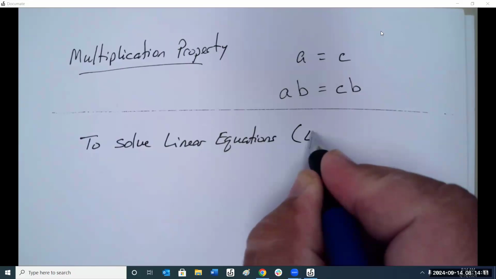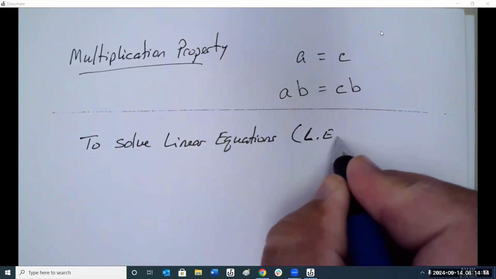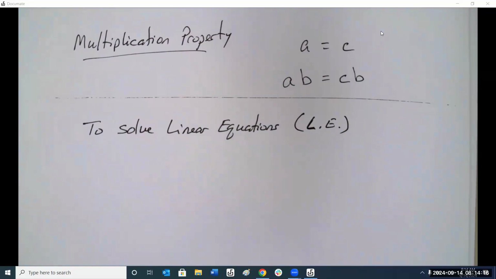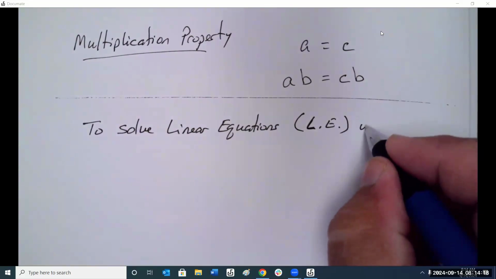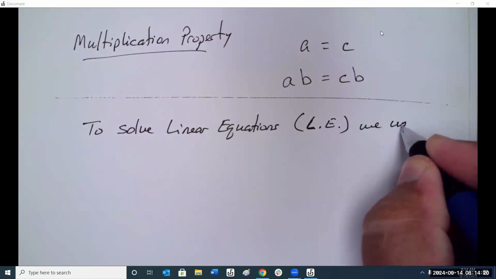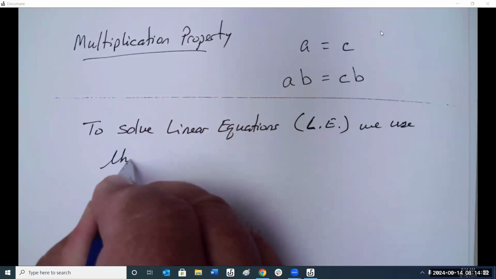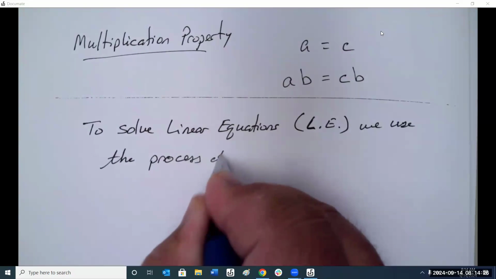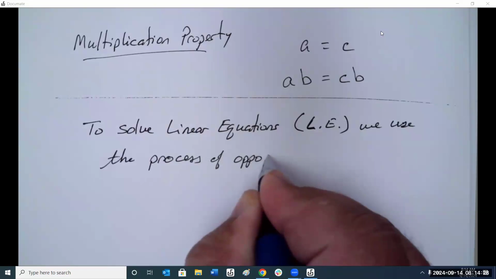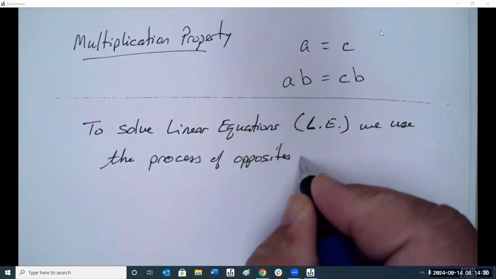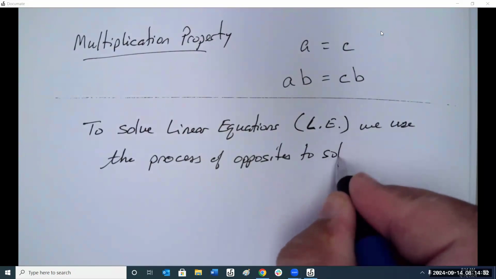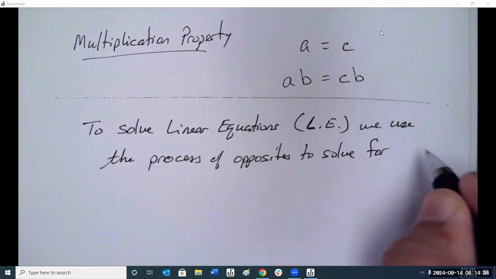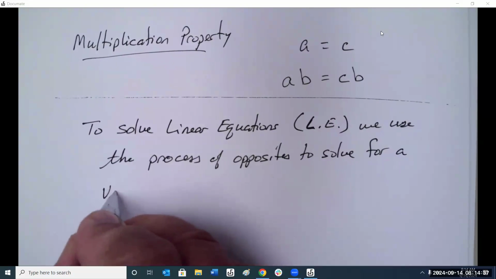I'm going to use LEs from now on for linear equations. We use the process of opposites to solve for a variable.